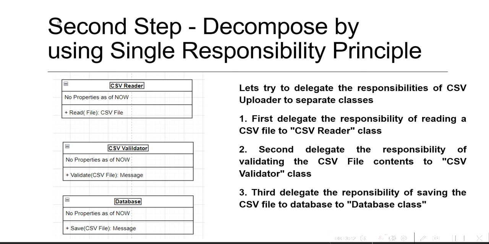I have mentioned it here as a CSV file, so you can change it to a list of strings. It will not do reading, it will do only the validation of the data and the header structure, right? So the list of strings, you are going to pass to the CSV Validator.